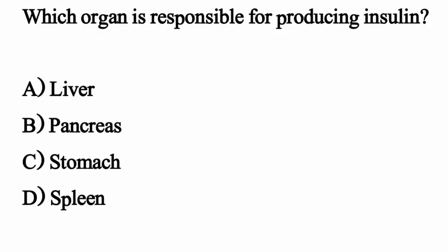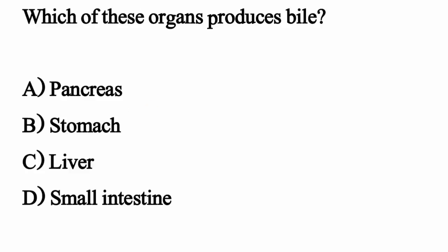The correct option is option B, pancreas. Which of these organs produces bile? The correct option is option C, liver.